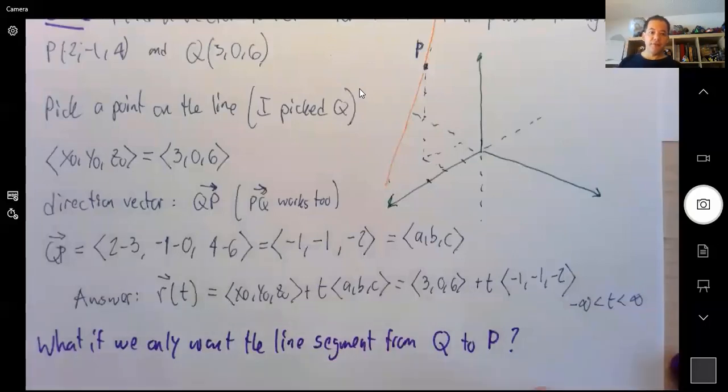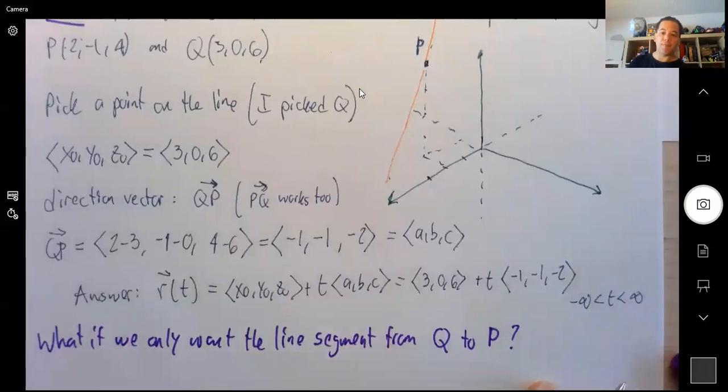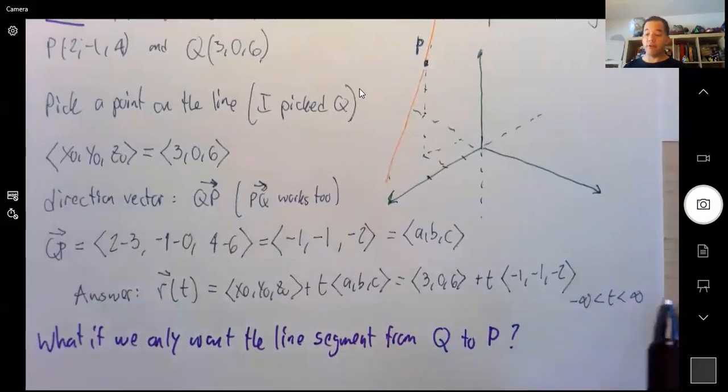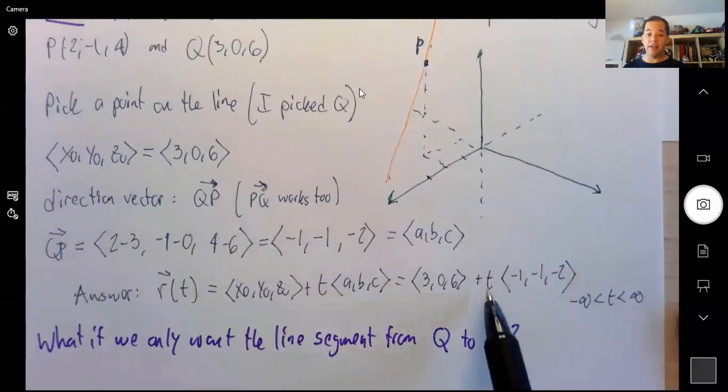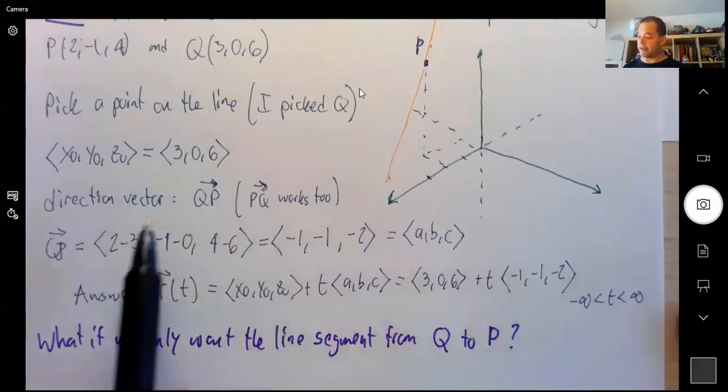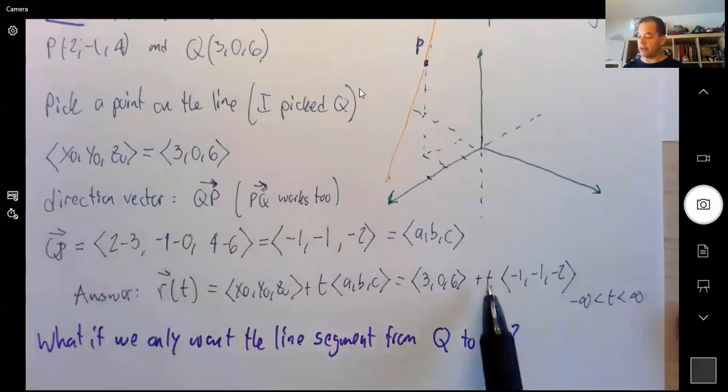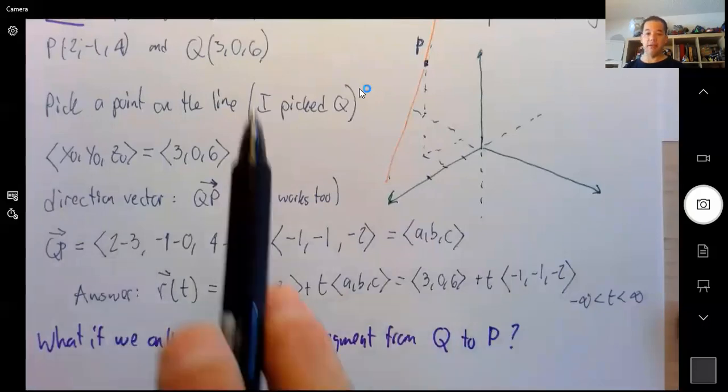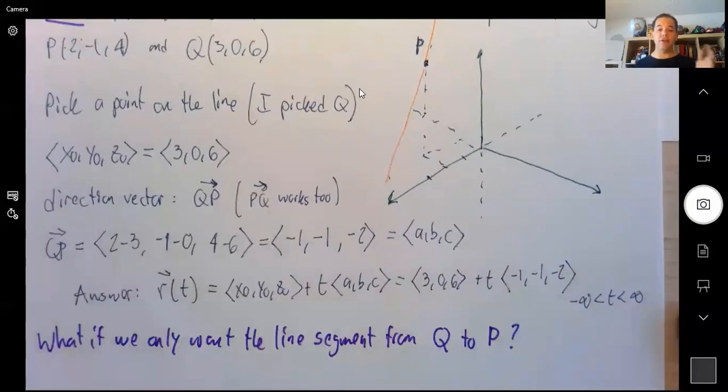Well, to answer that question, you do the same, and the only thing you need to now figure out is what is the t that when you plug it in, you get Q, and what is the t when you plug it in, you get P. If you answer that question, then you simply say from this value of t to this other value of t.